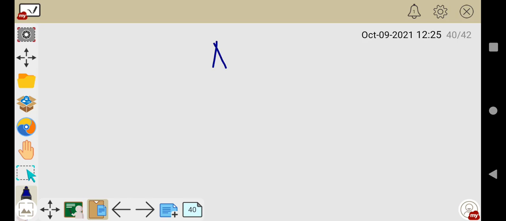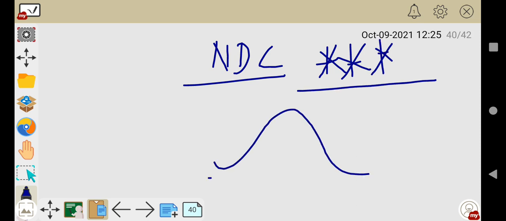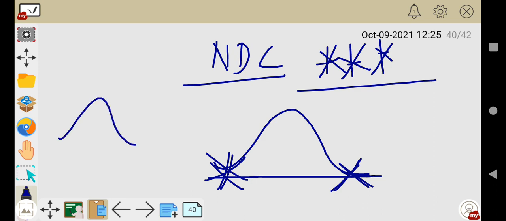Next we will see the normal distribution curve. This has been asked, a very important thing. Just the basics. See, first of all, this is the curve, and if you join this, you will make a mistake. This curve will never join the base. Correct? So it will come like this, like this. This part will never join.